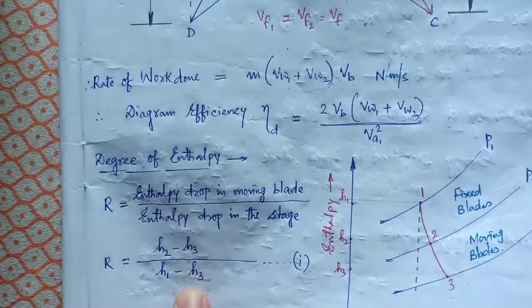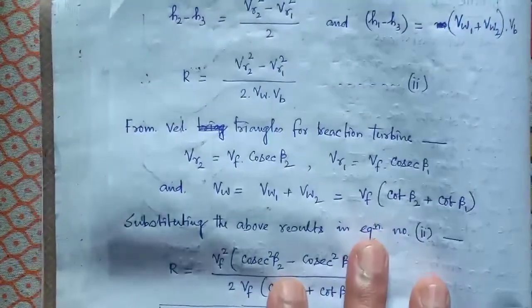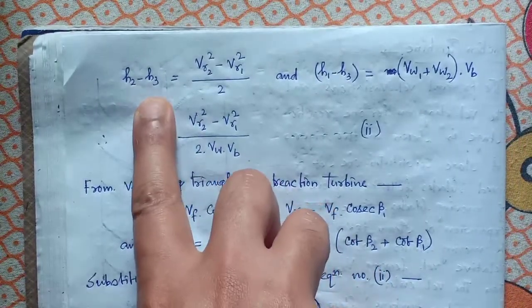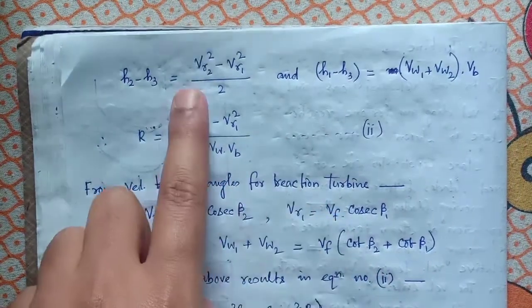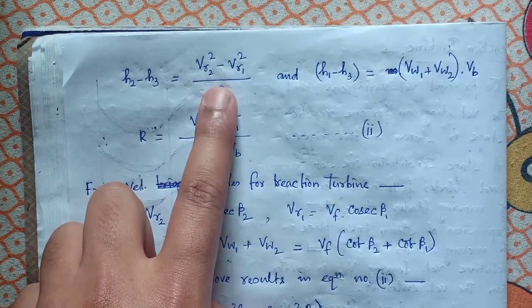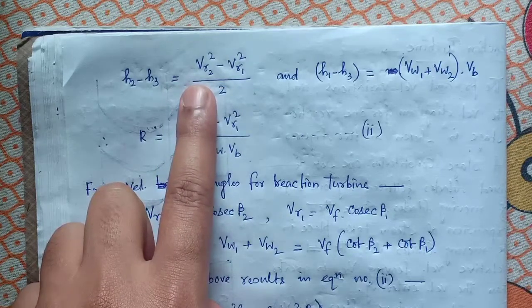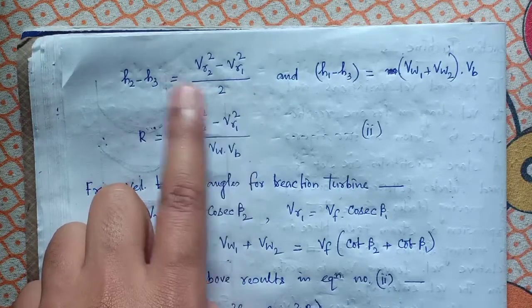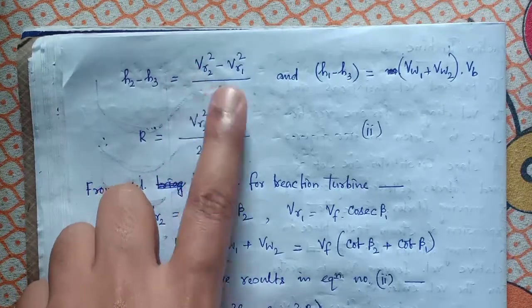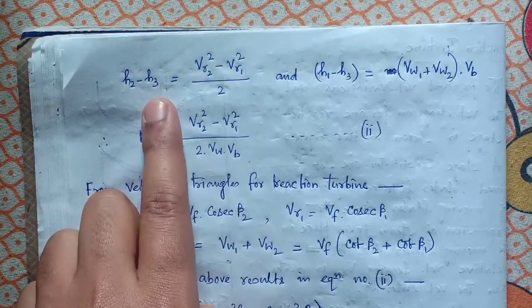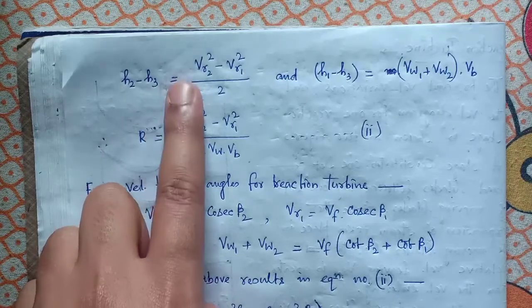So we can write it in this way. H2 minus H3 is the increase in relative kinetic energy. We know the expression of kinetic energy is half m v square, so half m Vr2 square minus half m Vr1 square. As the enthalpy expressed here is specific, m is 1.